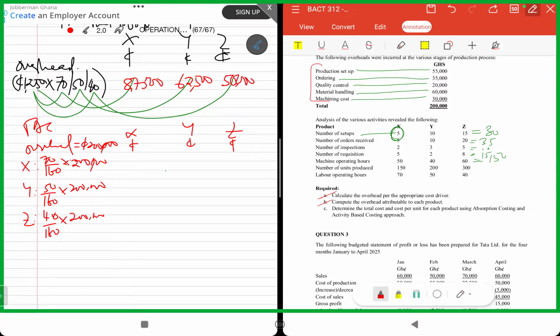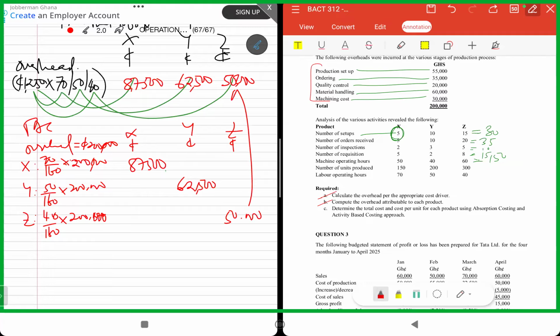So the first one, what do we have? 87,500. Second, 62,500. Pearl, the last one. 50,000.